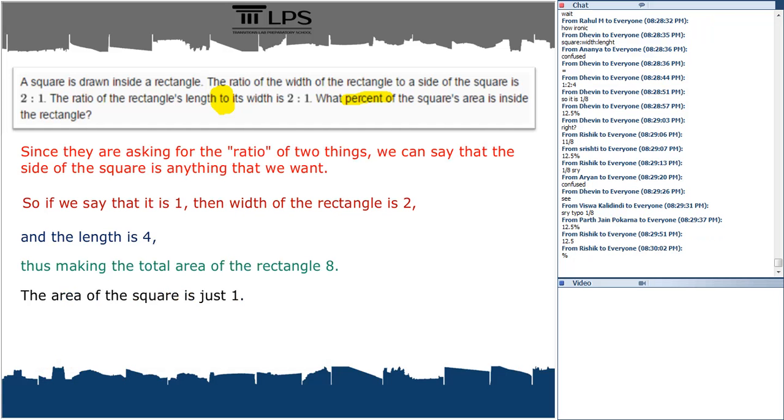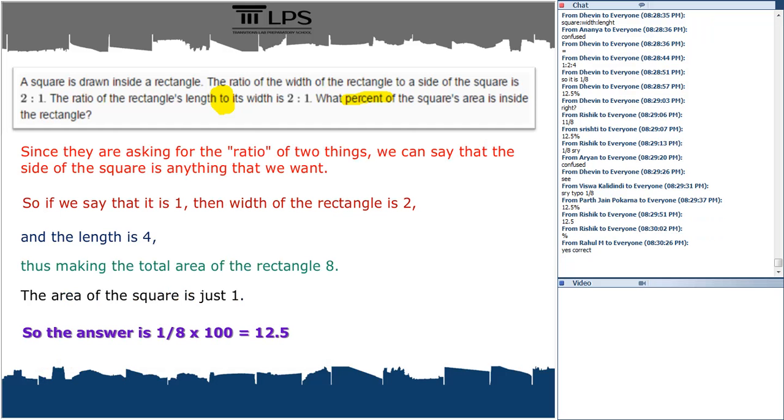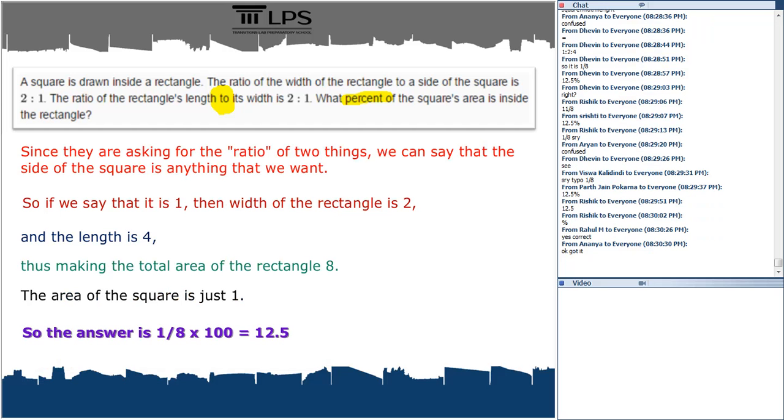The area of the square is 1, because 1 into 1, and so the answer is 12.5%. Rishik, the answer is 12.5. Yes, you made the change. Very good. So Dhiven was right the first time itself. Then Shrishti, very good.